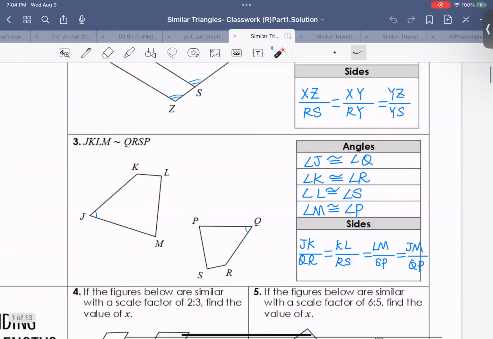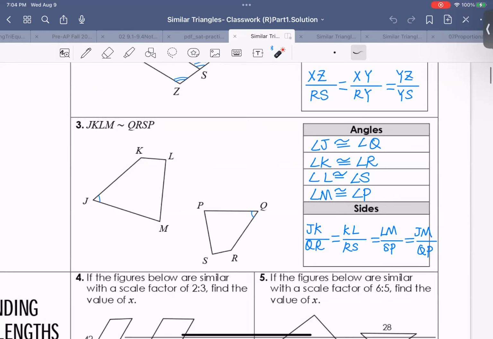What will happen if it's not a triangle? For example, you have a quadrilateral. This one is not a parallelogram, and it's not a trapezoid either. It's just any kind of quadrilateral.